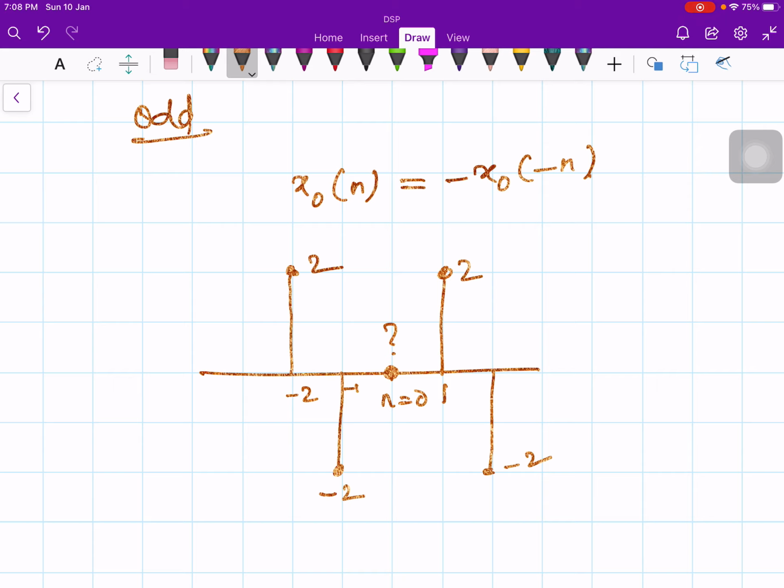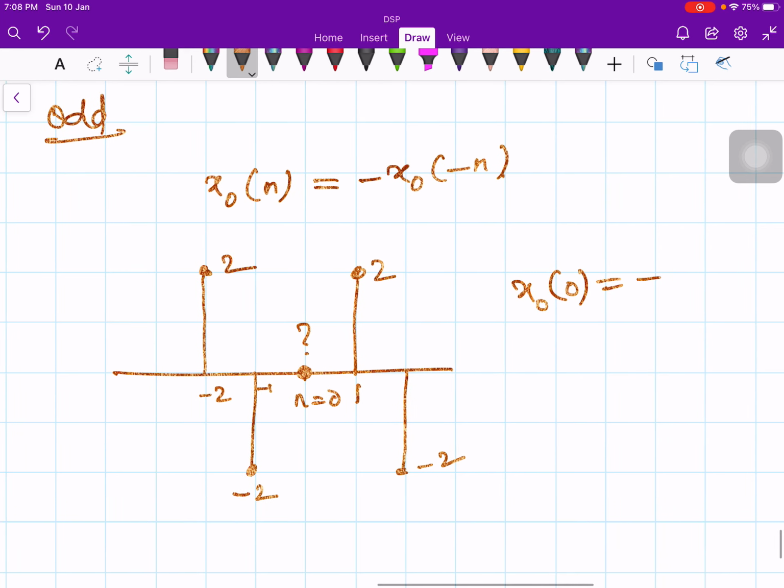Because the condition is x suffix o of 0 must be equal to minus x suffix o of minus 0. Minus 0 is the same as 0, right? Minus x suffix o of 0. The suffix o indicates odd.